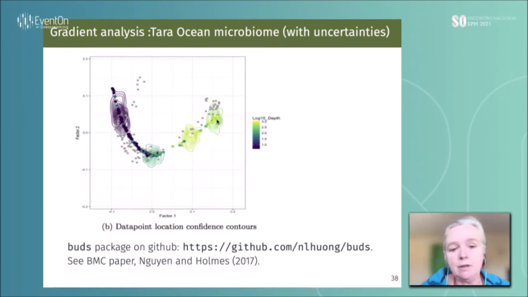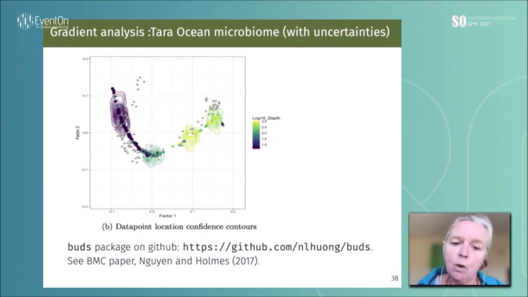Of course, the biologists, when they see this, say, of course, the depth is the first thing, because different bacteria thrive without light and in different temperatures. So at the surface, the water is warmer, there's much more light, you have a certain class of bacteria, and here you have another class of bacteria.